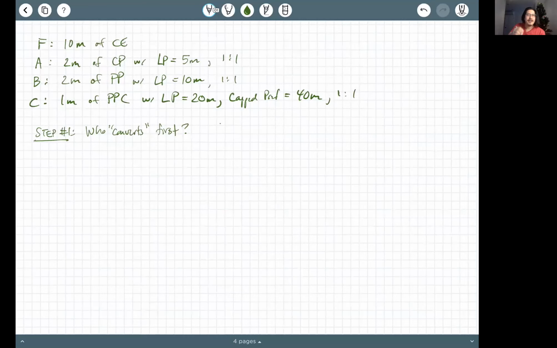So in step 1, I'm going to ask what happens first. Does A convert first, or does C hit their cap first? Right, so instead of saying who converts first, maybe I should ask what happens first.